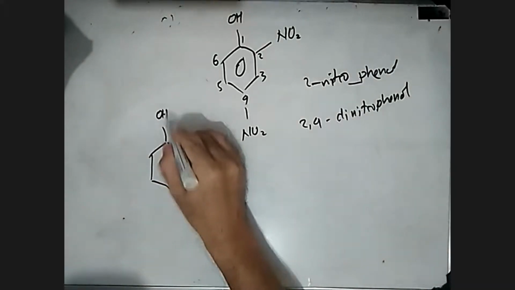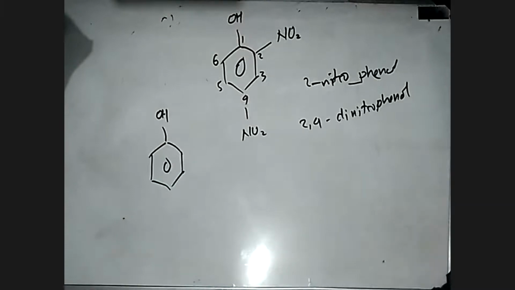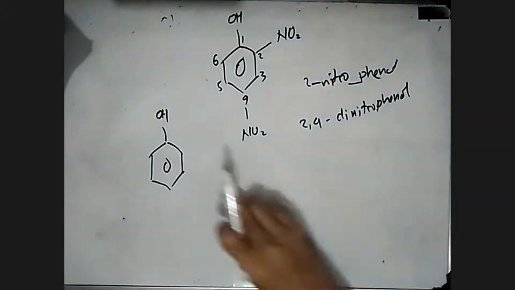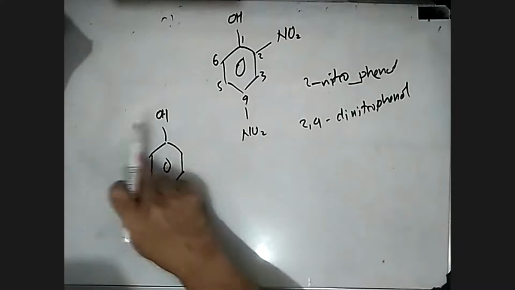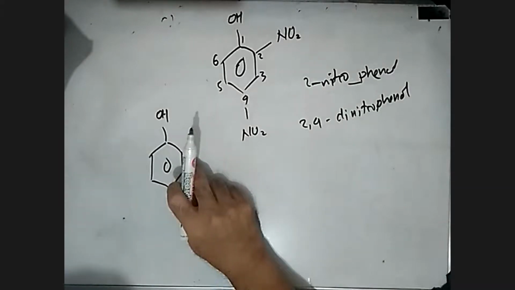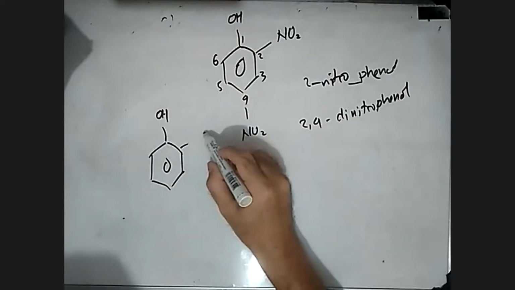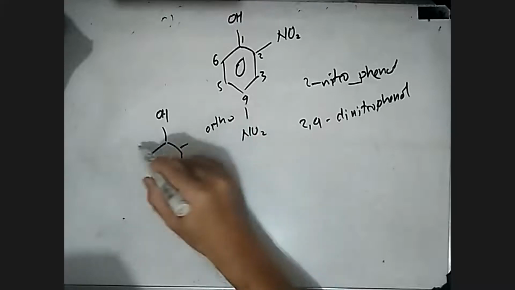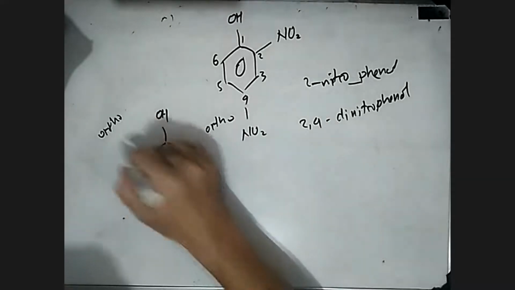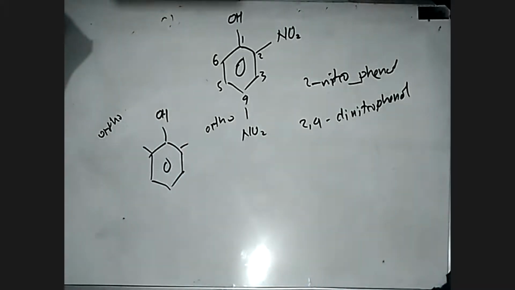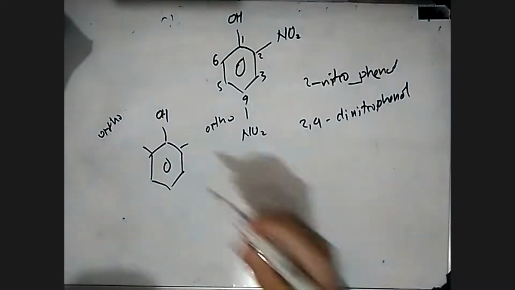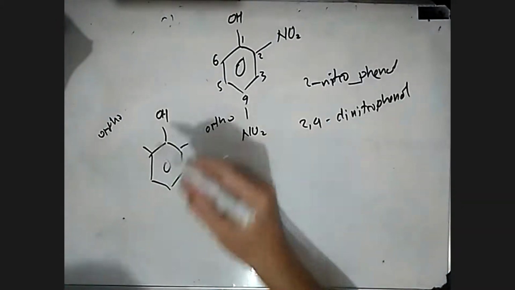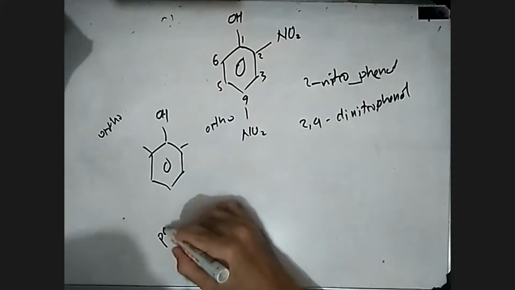Let's say we have phenol here. The carbon adjacent to it, we call ortho, this position ortho. The carbon that is opposite of them, we call para.